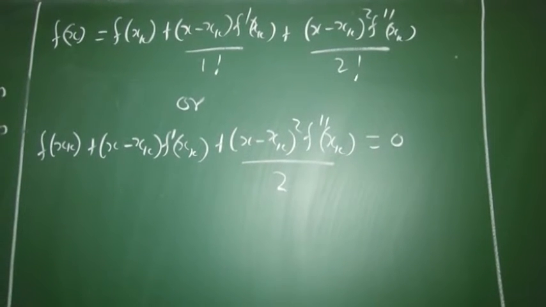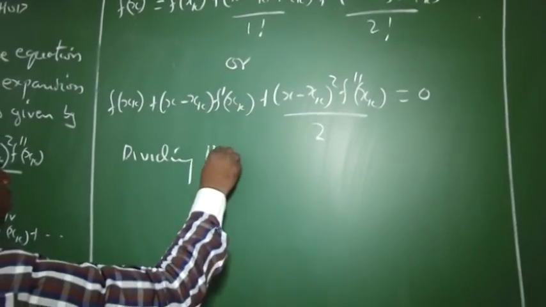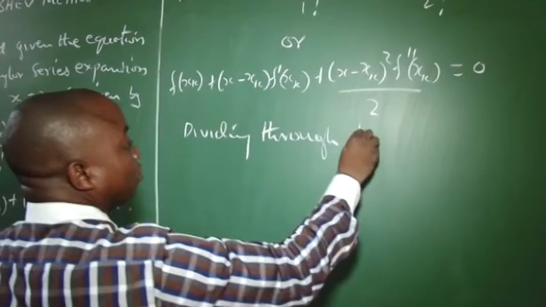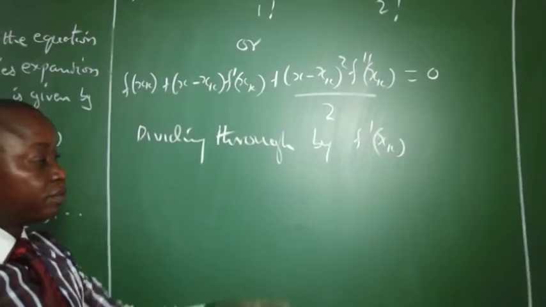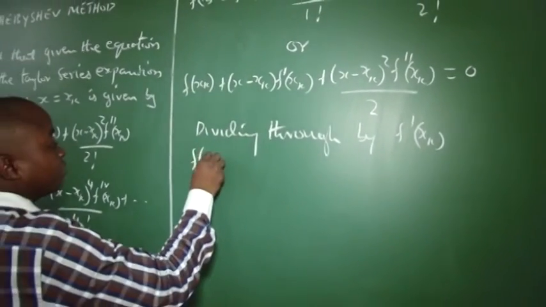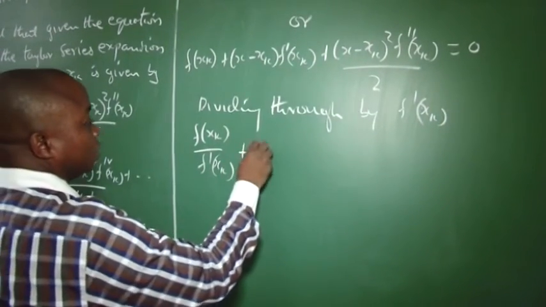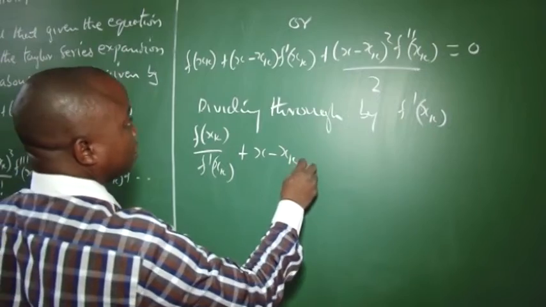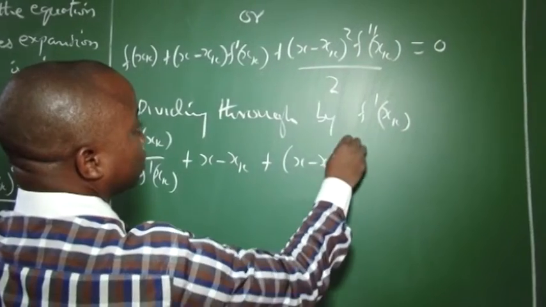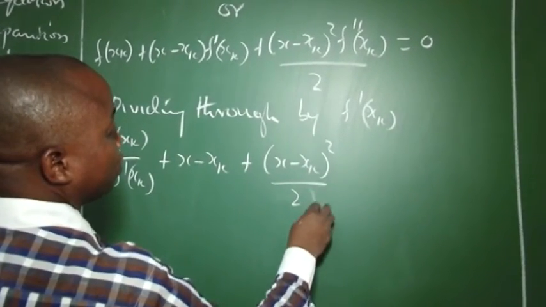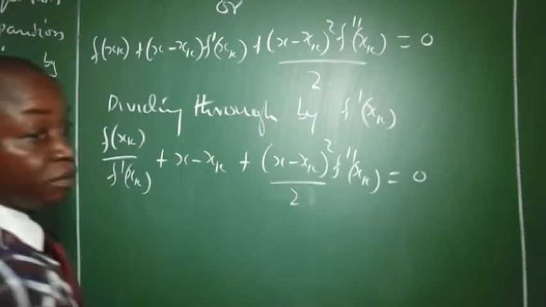Now, dividing through by f prime of xk, we have f of xk over f prime of xk plus (x minus xk) plus (x minus xk) squared over 2 times f double prime of xk over f prime of xk equals 0.